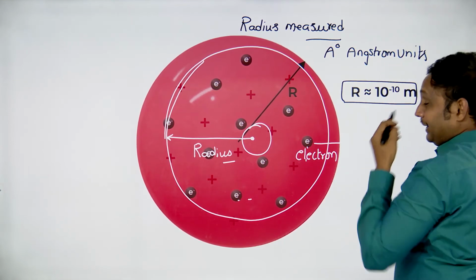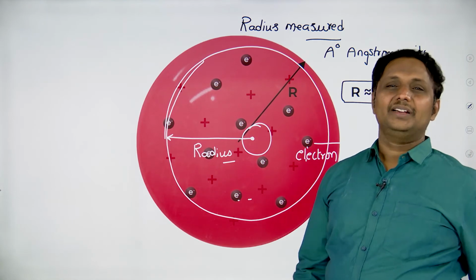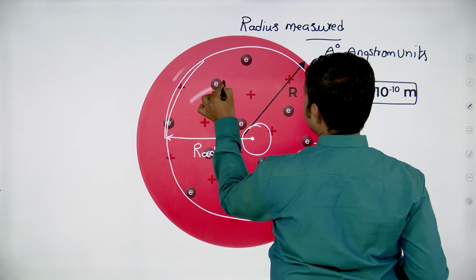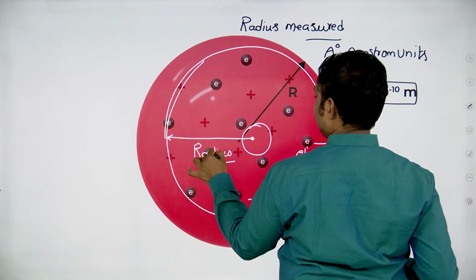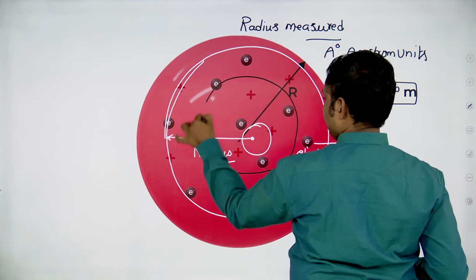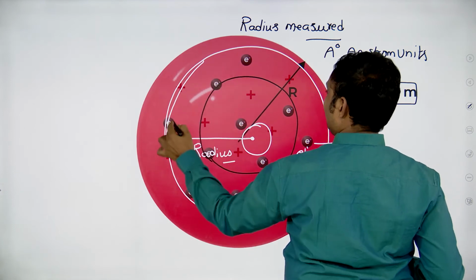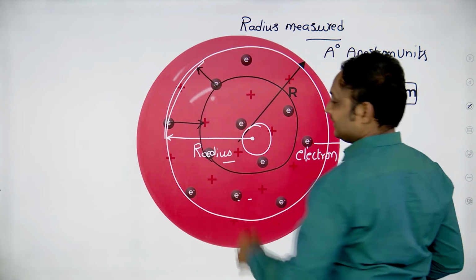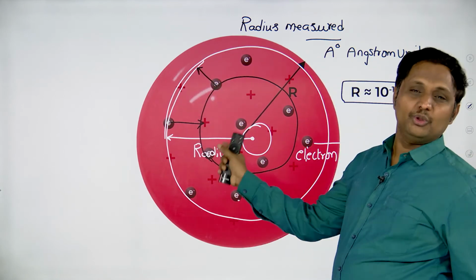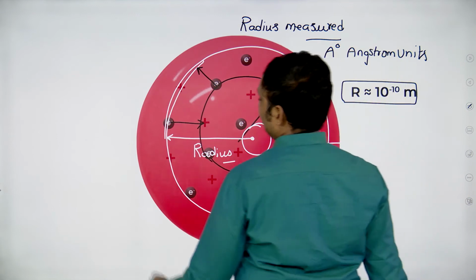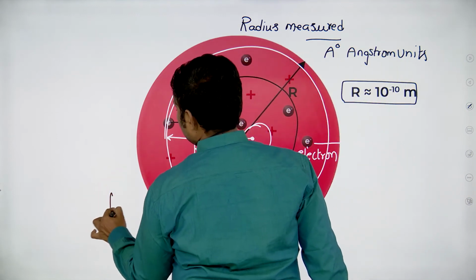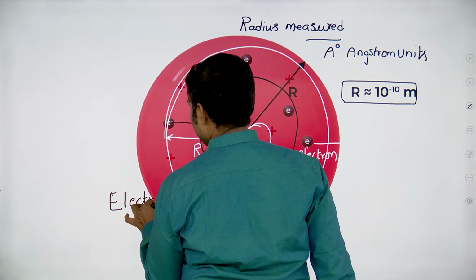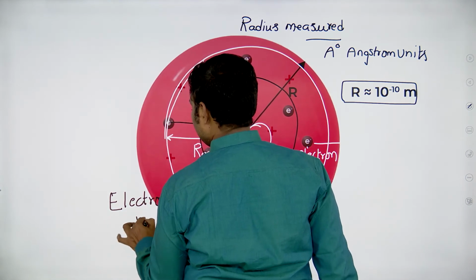Okay. Here we would like to talk about that energy. The electron which is going to excite or de-excite from one orbit to another orbit, you know that there exists an energy. You have to measure it in electron volts.